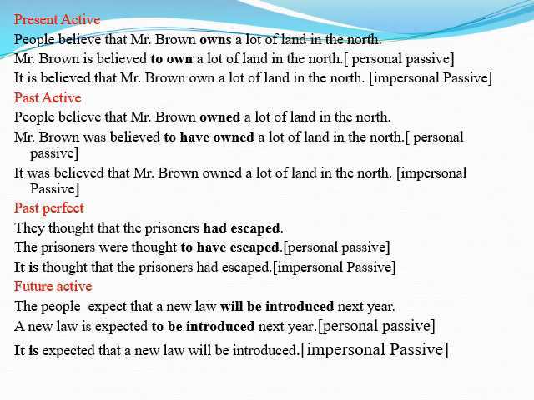Mr. Brown is believed to own a lot of land in the north. So, when you want to change it into impersonal passive, we have to use that. So, it is believed that Mr. Brown owns a lot of land in the north.